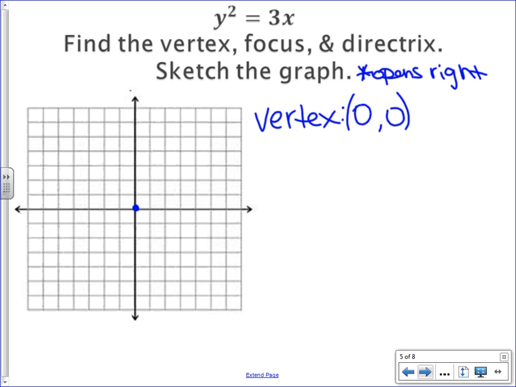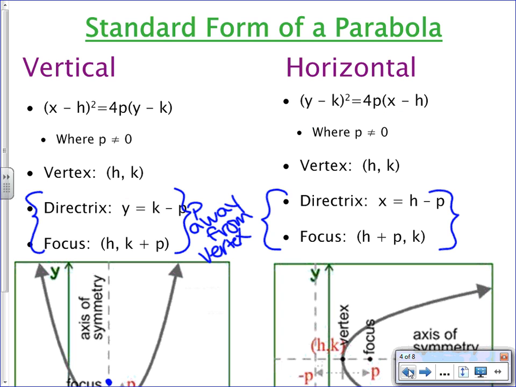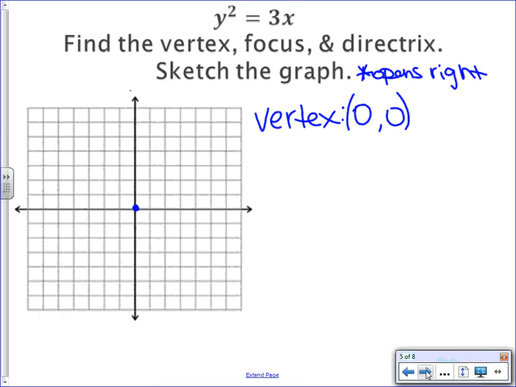Now, if I go back to our standard form, the coefficient in front of x is 4p. What's our coefficient here in front of x? 3. So our coefficient must equal 4p.